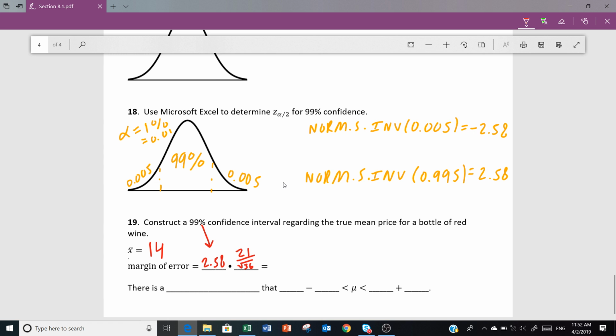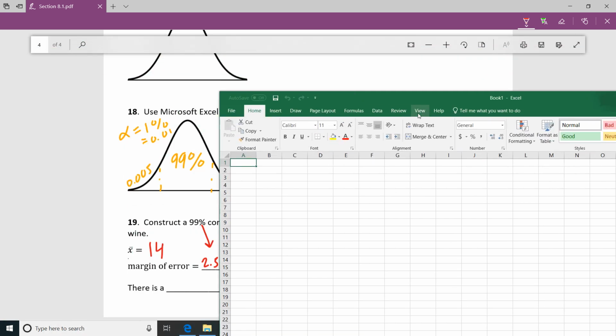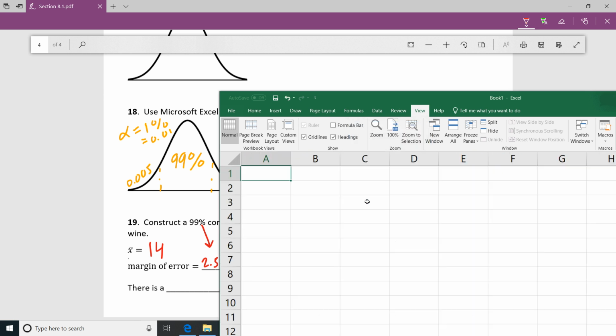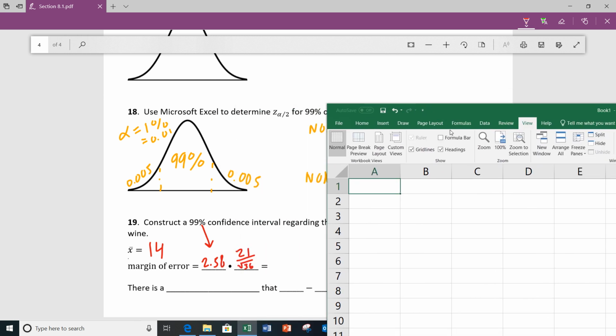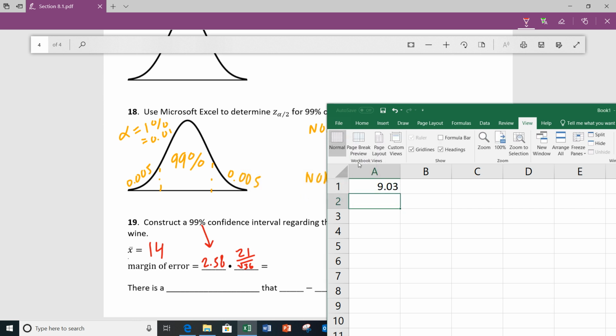So this part's not so easy, so I'm going to do it in Excel. I have 2.58 multiplied by 21 divided by SQRT of 36. It says 9.03.